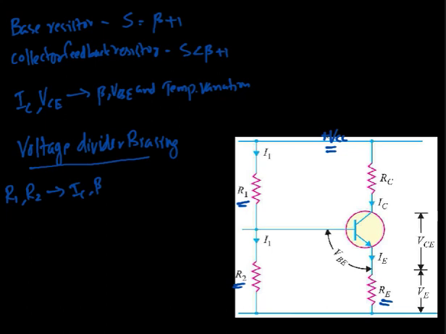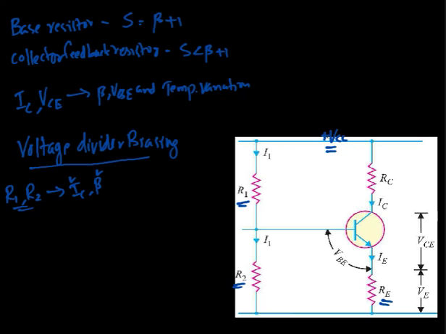That we will discuss later. At the end of the discussion, we will see how we can choose a proper biasing circuit for a predefined collector current and transistor amplification factor beta.